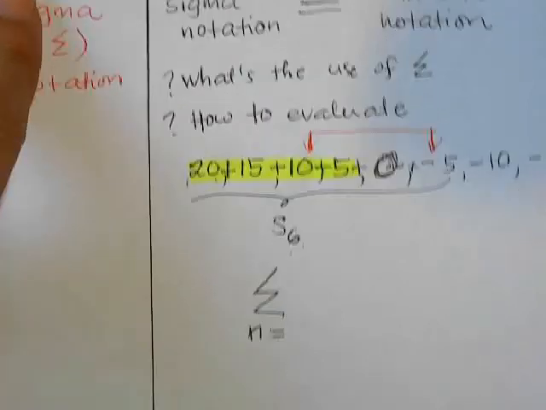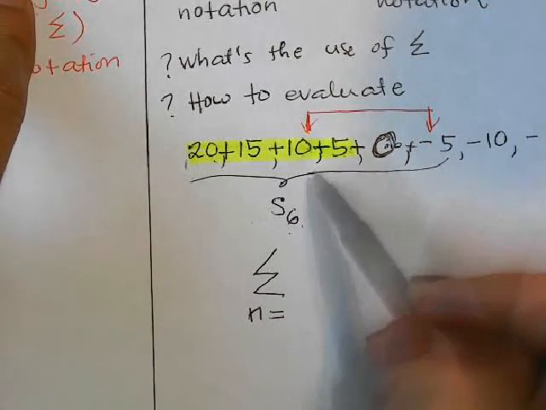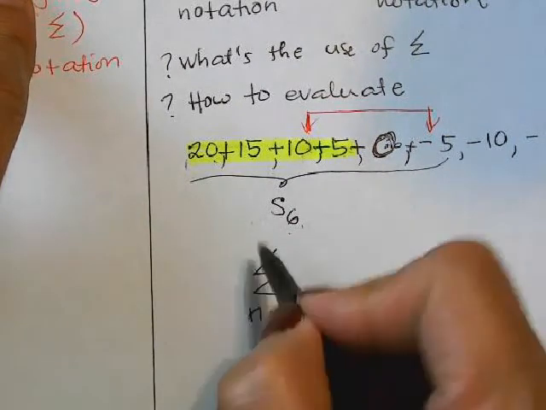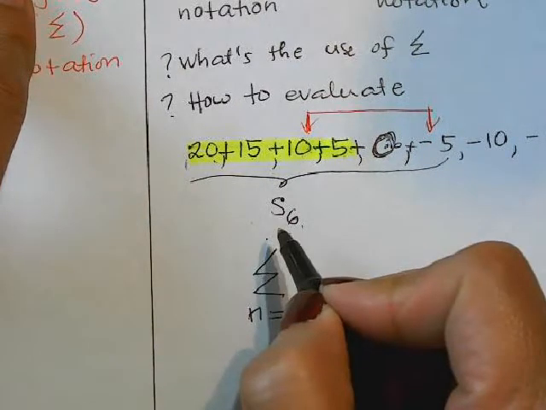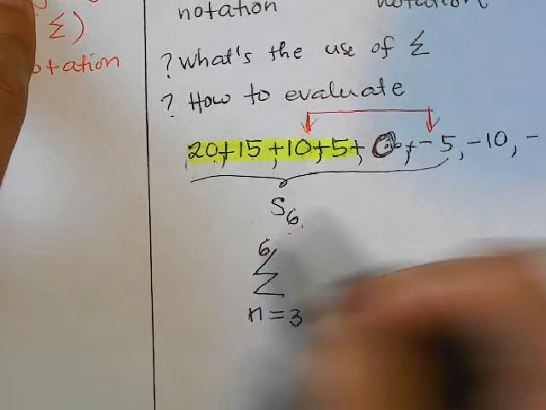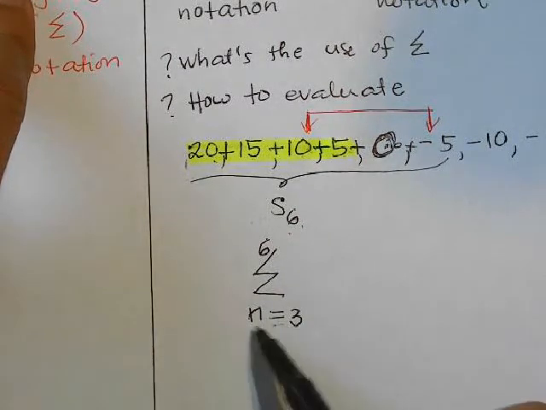Actually, you can use any letter here, but let's use n for continuity because we've been using that. So n starts from the third term and ends on the sixth term. From the third up to the sixth, that's how you write it.